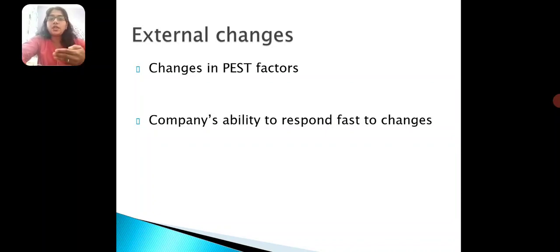If you are able to change yourself according to the situation, then you can move on and survive in the market. So if you are a company with that internal ability, the strength, to tap the opportunity and respond well in the market, then it gives you an edge, and you perform well in the market compared to your competitors.